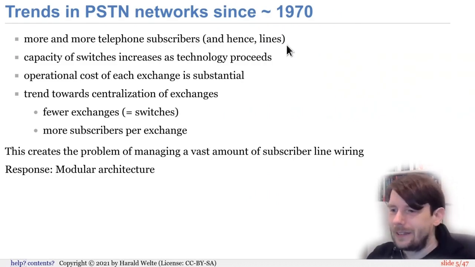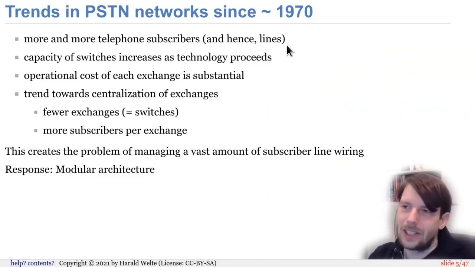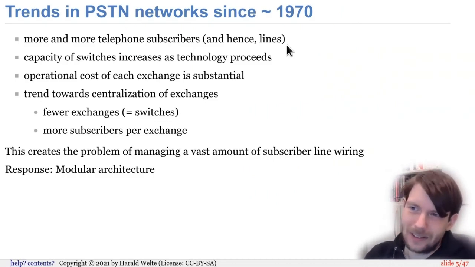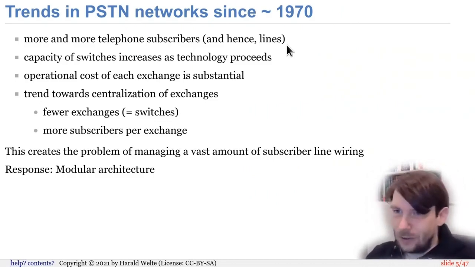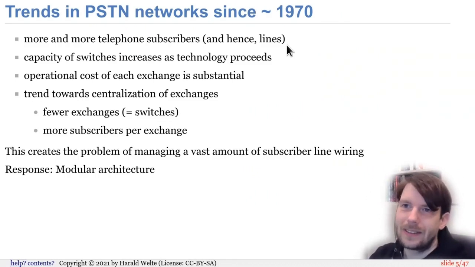So we have switches that have higher capacity. The operational cost of operating an exchange is rather substantial. So there was a trend towards centralization of exchanges, which means fewer exchanges and more subscribers per exchange. And that then creates the problem that you have this incredible amount of subscriber line wiring going to this local exchange.